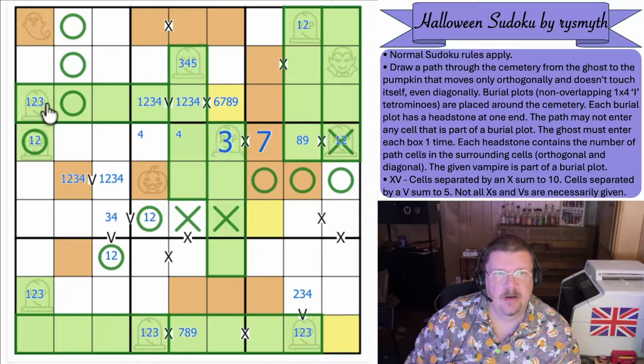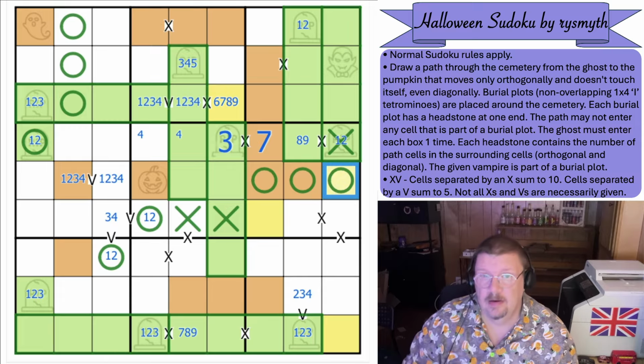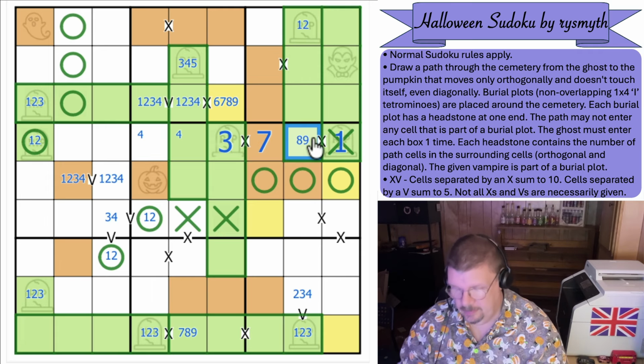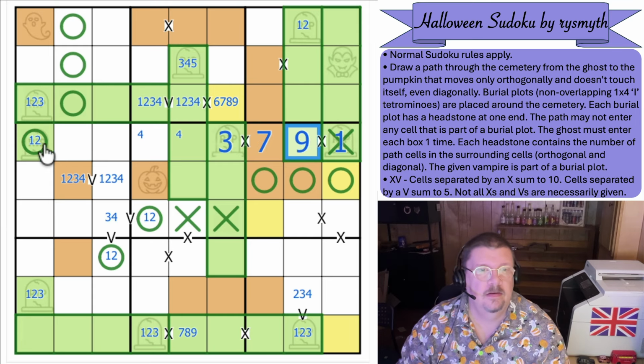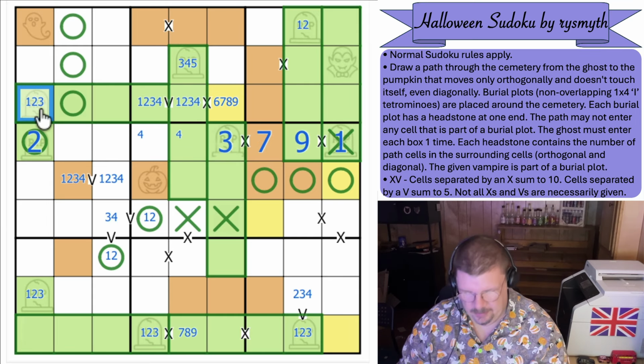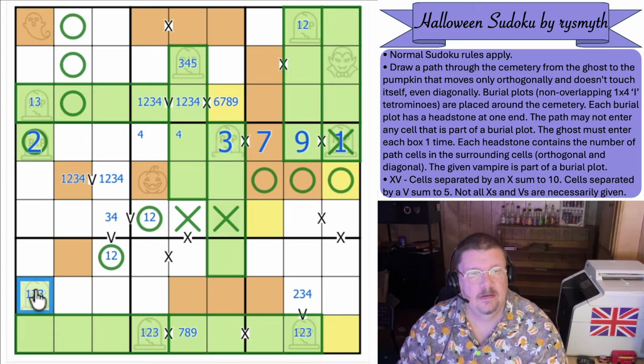And for that to be a 3, those would have to be both orange, and that would have to be path as well. So that is not path. So that is a yellow cell. That is a 1. That is a 9. That's a 2. So one of those is going to be in.